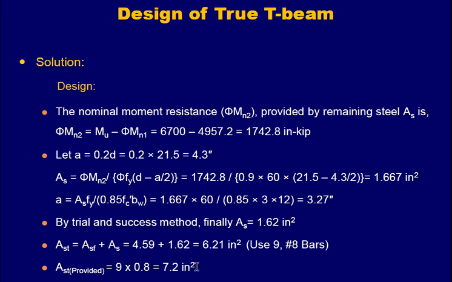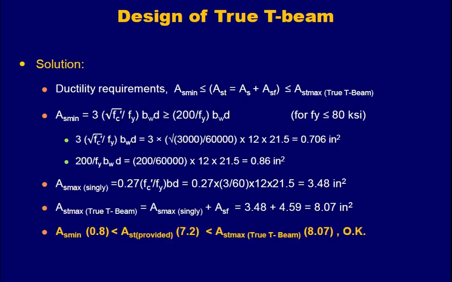Now for ductility checks, this should be less than or equal to As maximum for T-beams. So the ductility requirement: As minimum should be less than or equal to Ast, and this Ast should be less than or equal to Ast maximum for a true T-beam. These are the equations for As minimum. Just put in the values, and it gives us a value of 0.86 square inches. Okay, we are good.